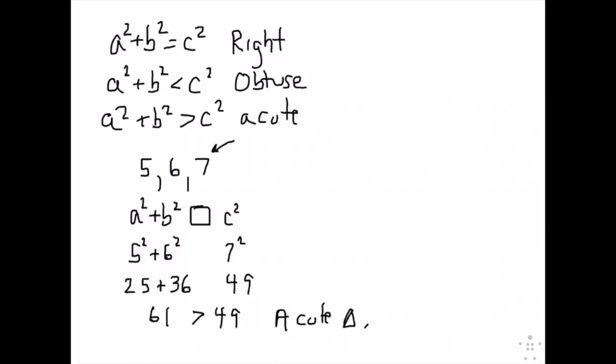Another thing to keep in mind, remember that when you're given the three sides of a triangle, you first have to make sure it's actually a triangle. So for instance, if you got the sides like 5, 6, and 20, clearly this is not a triangle, because for any triangle, the sum of any two sides has to be greater than the other side.